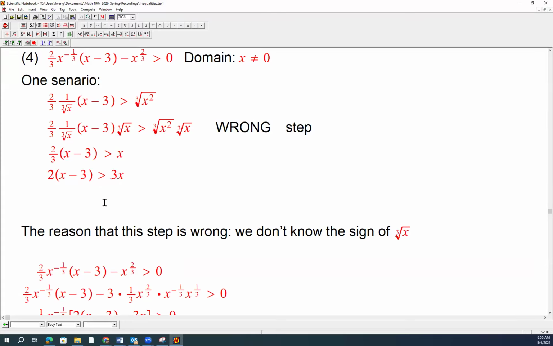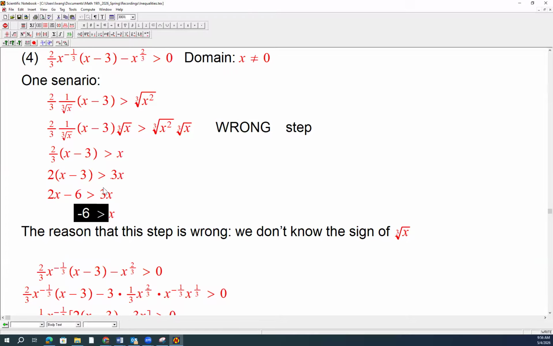So this is 3. And then you open up the parentheses, and in the next step you get 2x minus 6 greater than 3x. Then subtract 3x on both sides. We just get x less than -6.